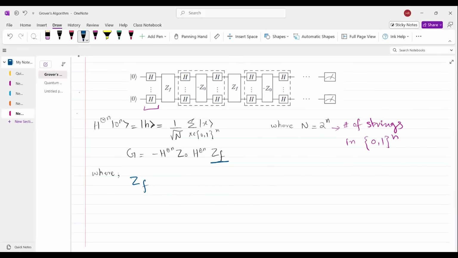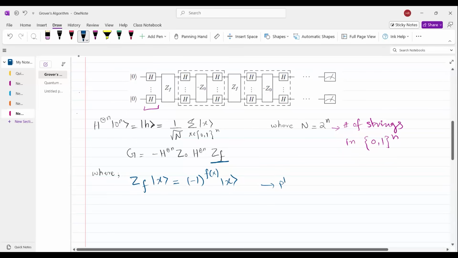When we apply Z of F on any quantum state x, it gives us minus 1 to the power f of x times x. So this is the phase kickback effect, right?